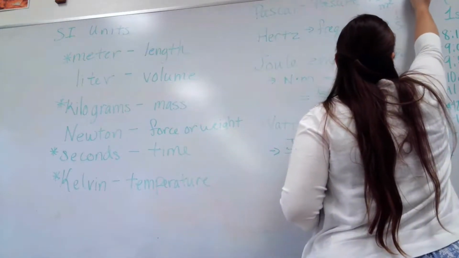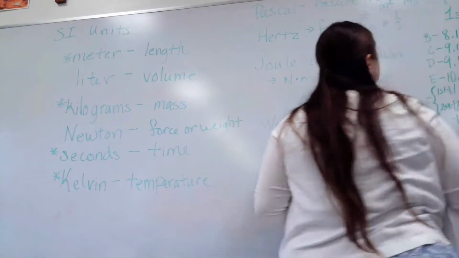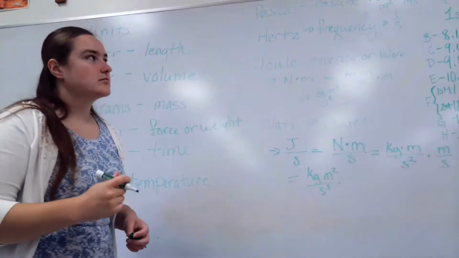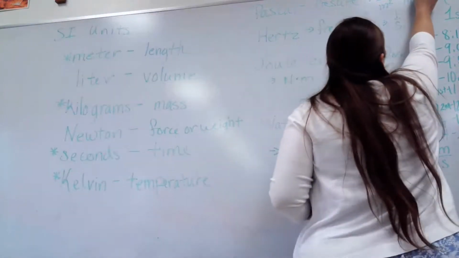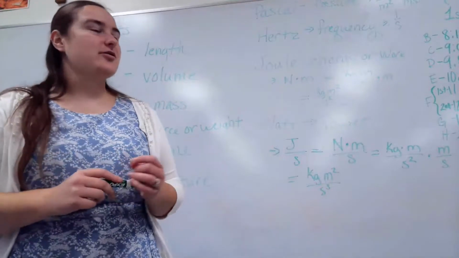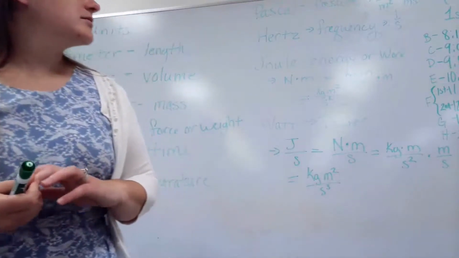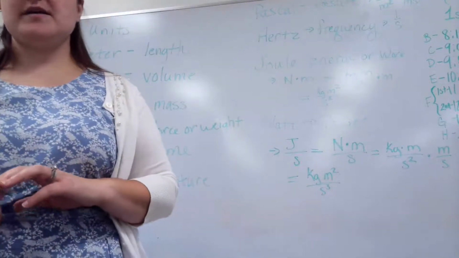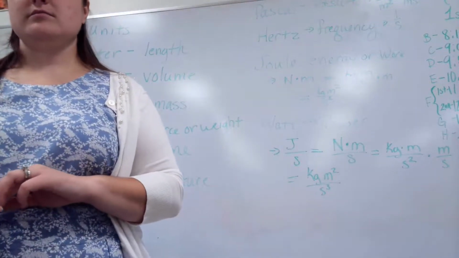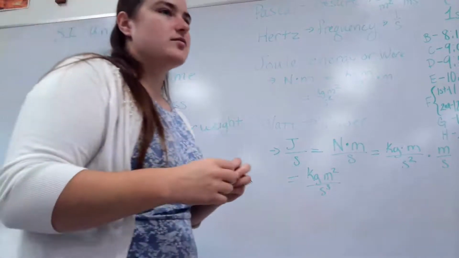So we end up with kilograms divided by meters times seconds squared. Does that kind of make sense? Any questions on any of these units or any other units you've heard of?